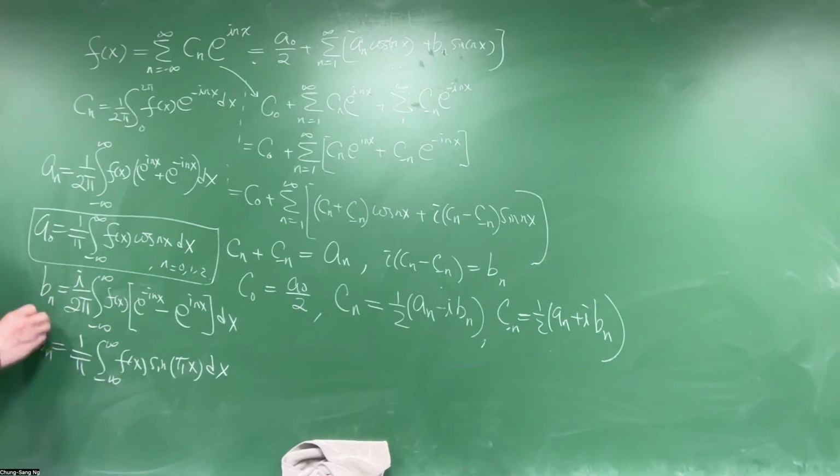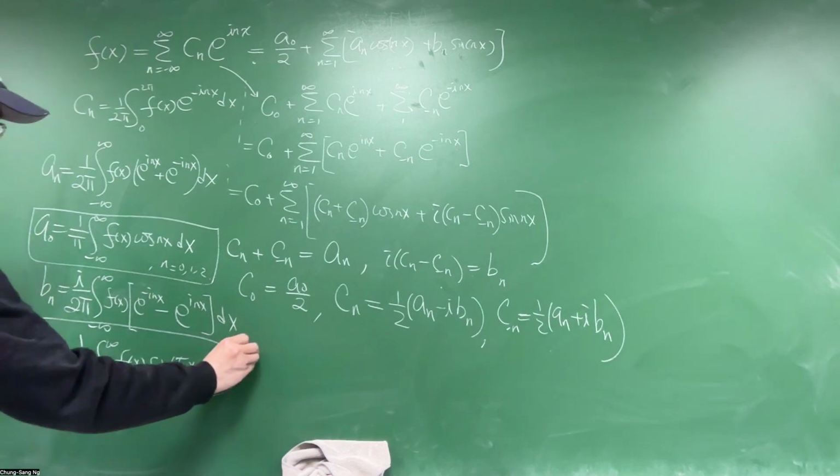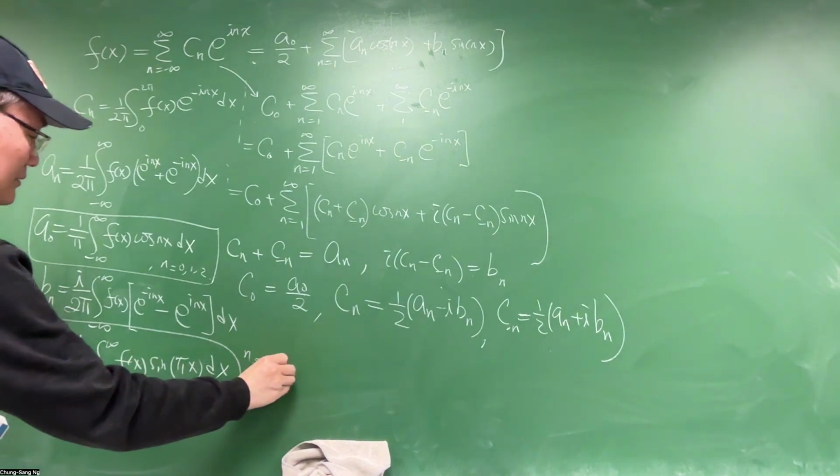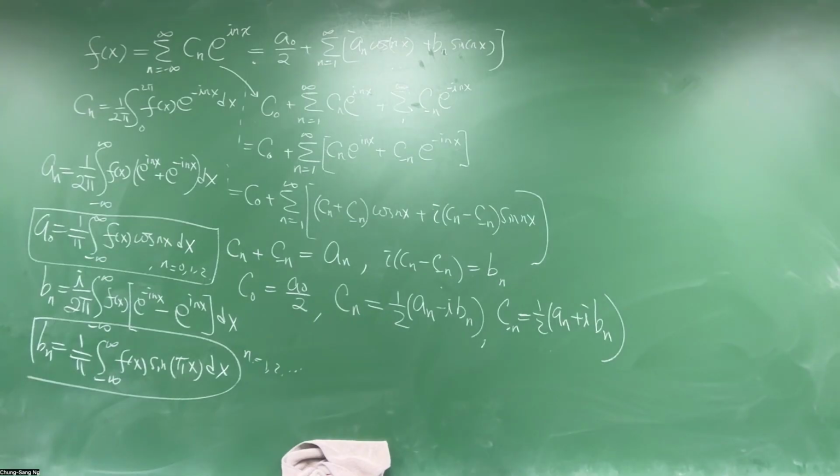So that's the formula, and now n is from 1 to infinity. That's not too bad. So you can use this formula and these two relations to derive the formula for how you calculate all the a sub n.